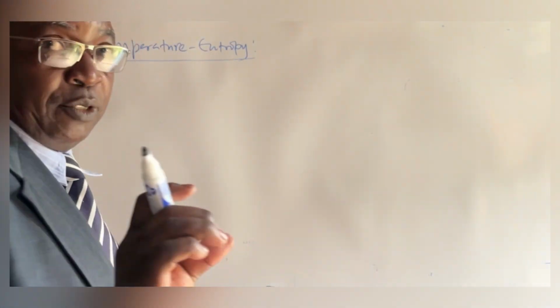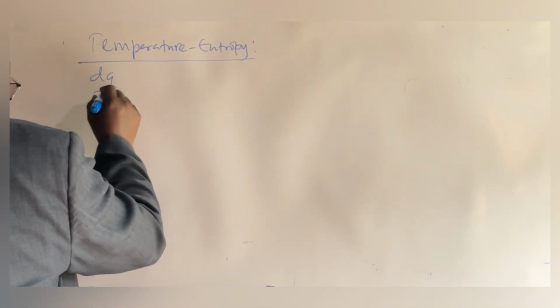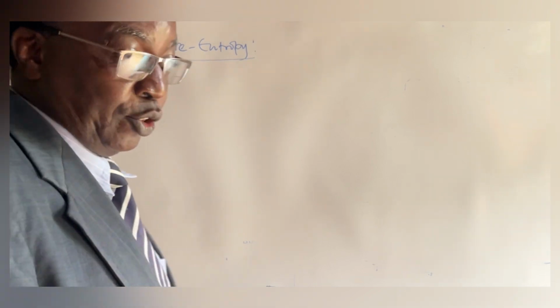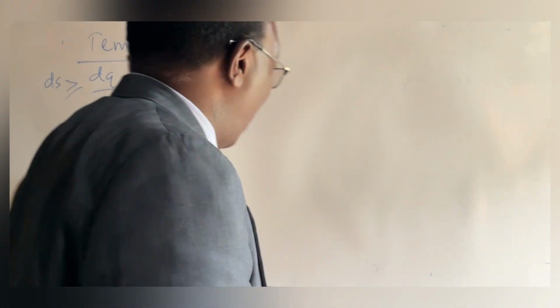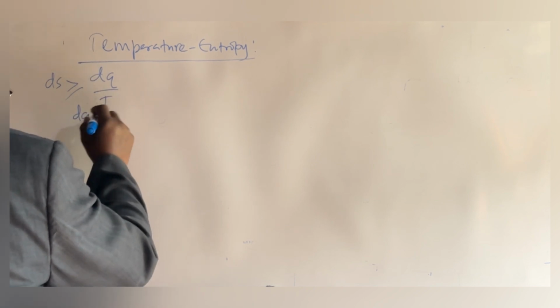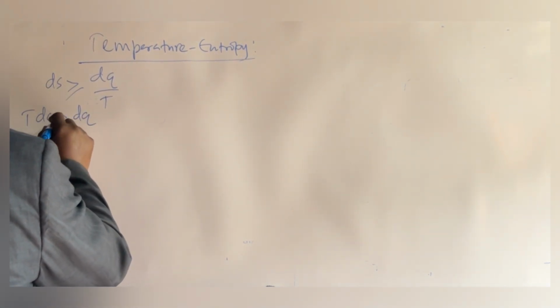And so going back to our Clausius inequality, dq over T as related to the change in entropy, we know that dq is related to entropy in that manner.